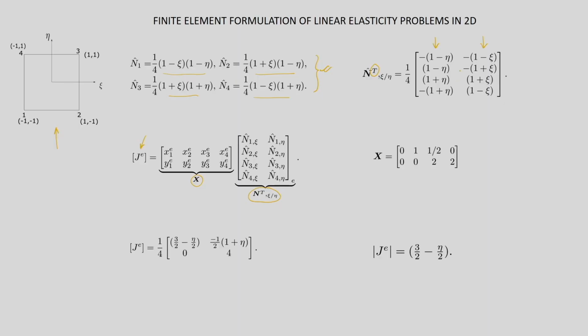Since it is arranged in a column, that is why we are representing it using a transpose, and this matrix contains the derivatives of ni's with respect to xi or eta.